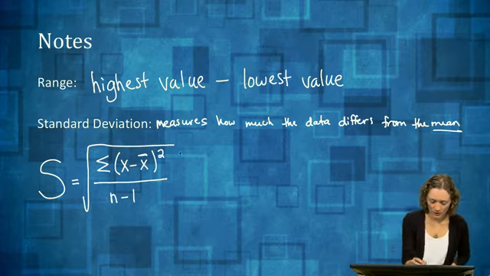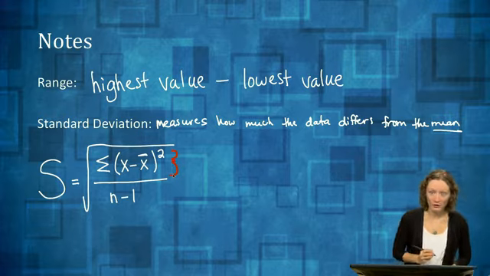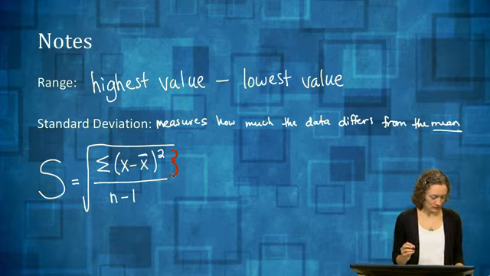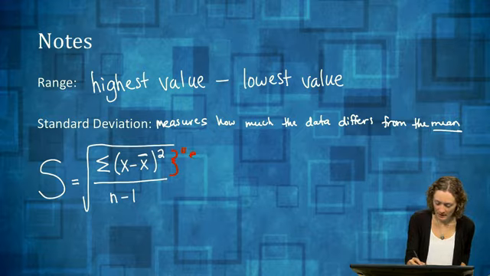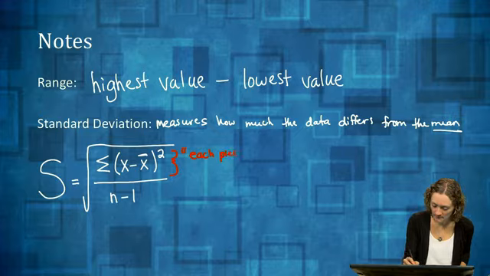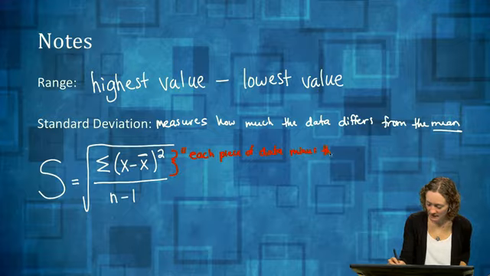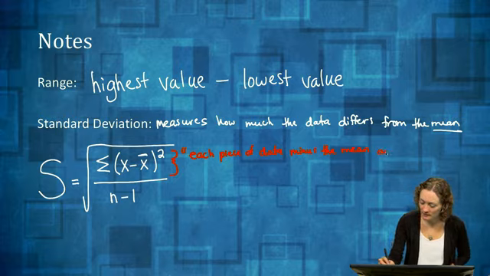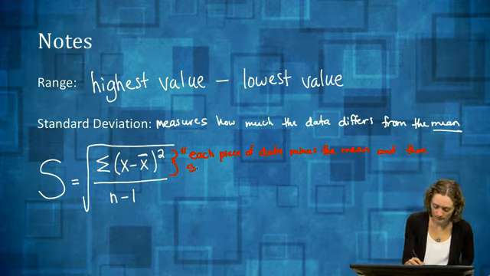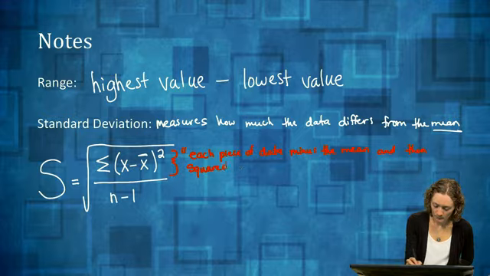So let's go red. Here's the verbiage, the word translation of what this numerator means and how we can do it. So it's each piece of data minus the mean and then squared and then added together.